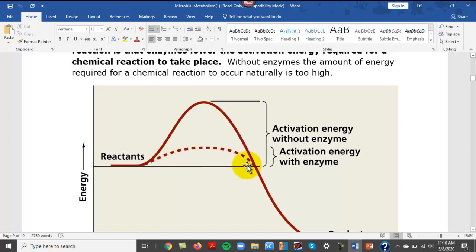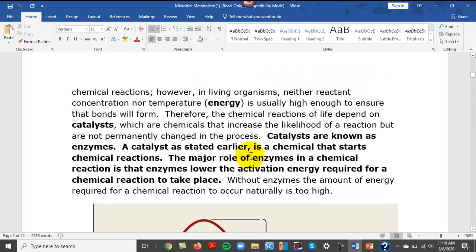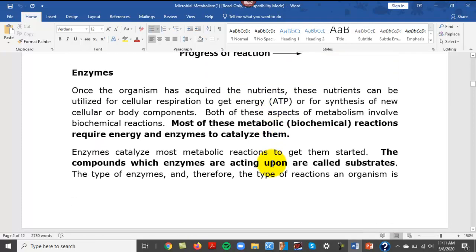So basically, enzymes lower what is called the activation energy for a chemical reaction to take place. In bold right here, a catalyst, as stated earlier, is a chemical that starts chemical reactions. Enzymes lower the activation energy required for a chemical reaction to take place. So on to the next part.